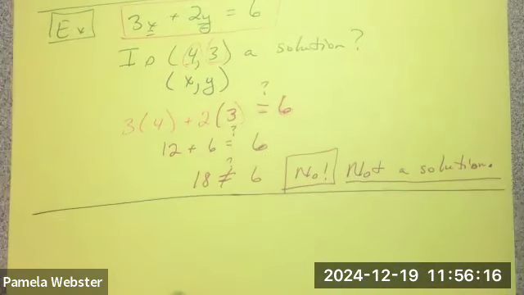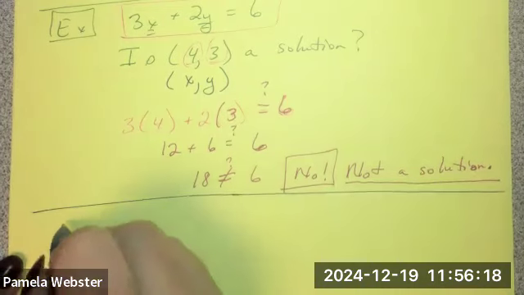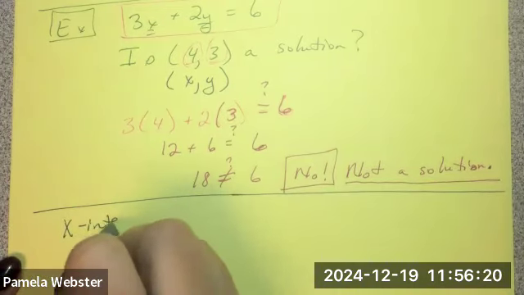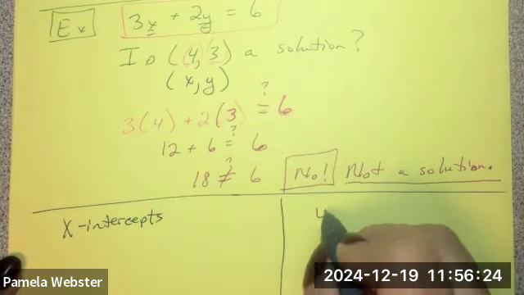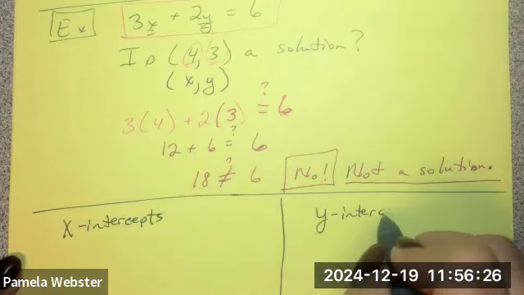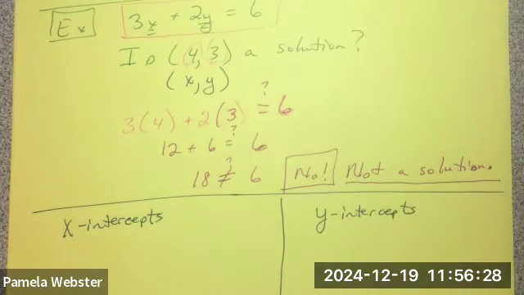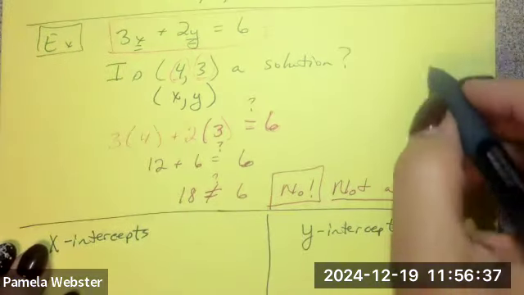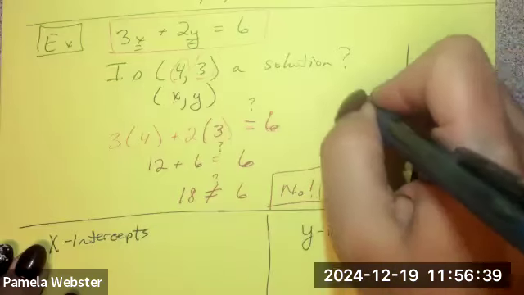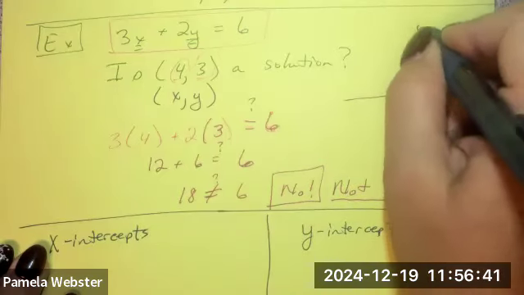Two of the very easy ones for us to find are x-intercepts and y-intercepts. I'll do one on the left and I'll do one on the right. Think about it. Let me come back up here and give just a little bit of what I said about the xy coordinate system.